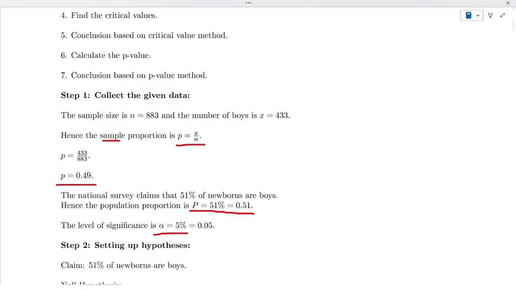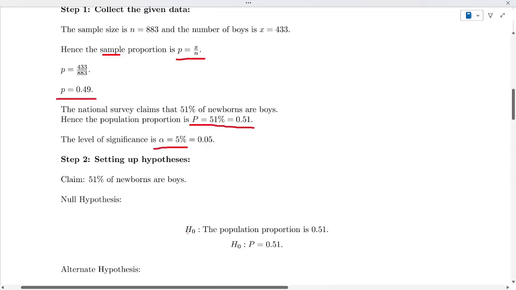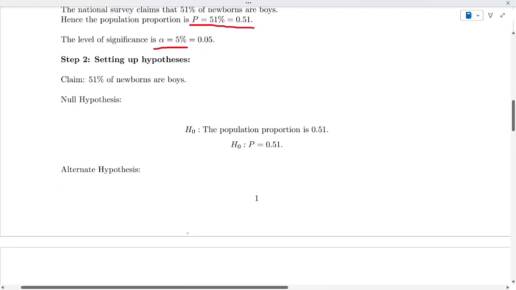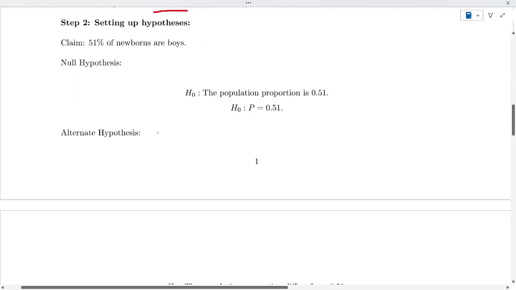Now, the second step is setting up the hypothesis. The claim is that 51% of newborns are boys. So the null hypothesis says that the population proportion is 0.51.